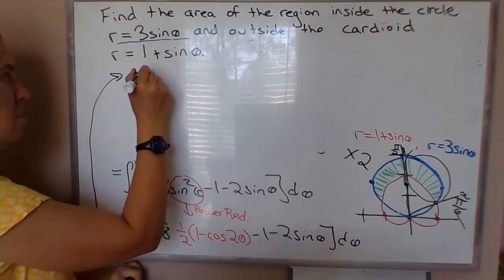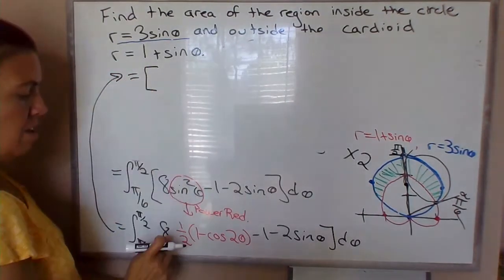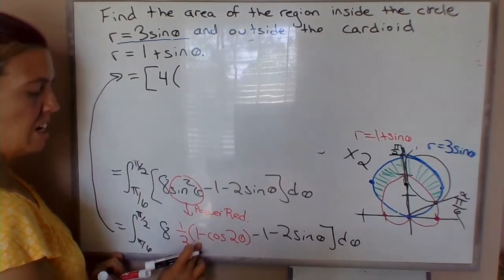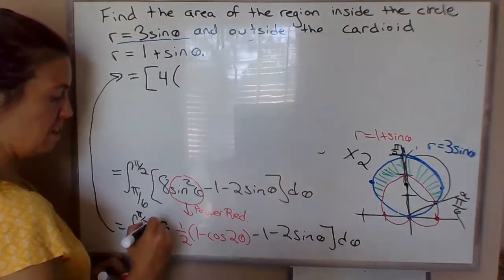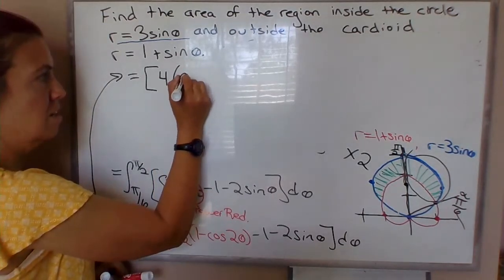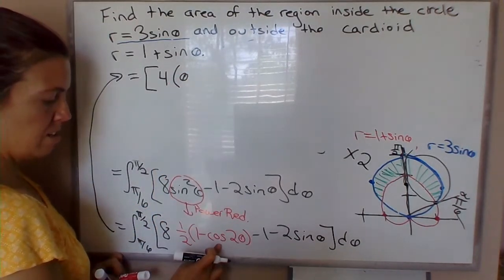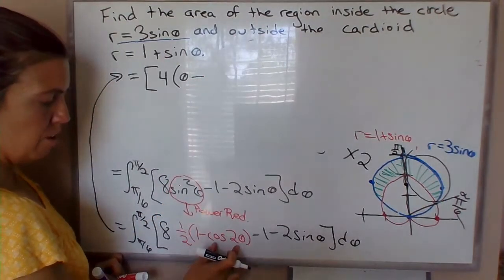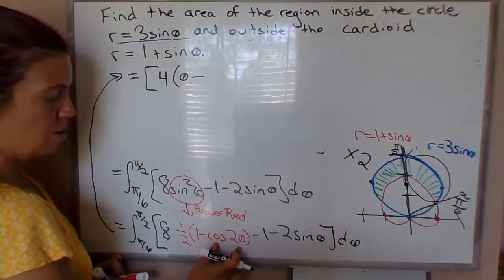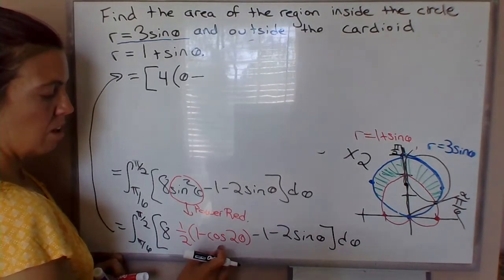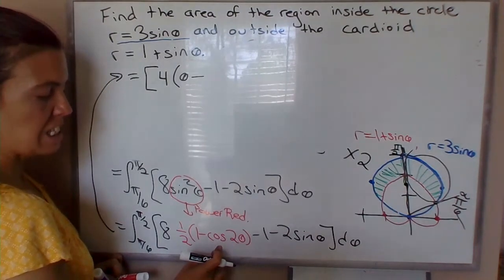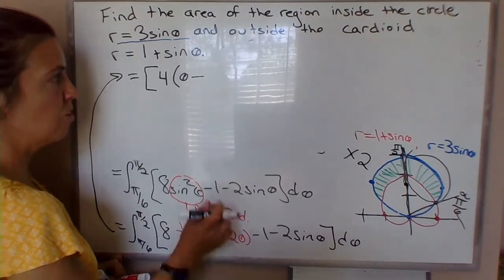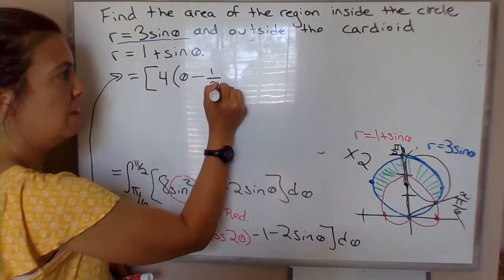So for the antiderivative, 8 times 1/2, so that's 4, times the antiderivative of 1 with respect to theta, so that's theta, minus the antiderivative of cosine of 2 theta, so that's what, there would be sine of 2 theta times 1/2, 1 over this number here.